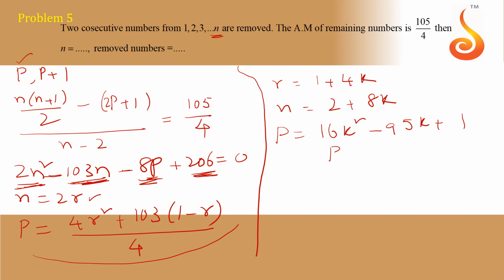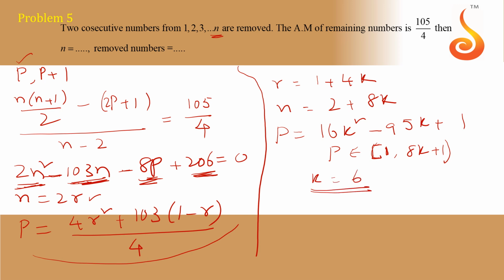But you know that p value should lie between 1, and its maximum value is n. n is nothing but 8k plus 1, open interval, because you can't choose n as p, since two consecutive numbers you have to choose. So if you solve for this inequality, you will get k value as 6.